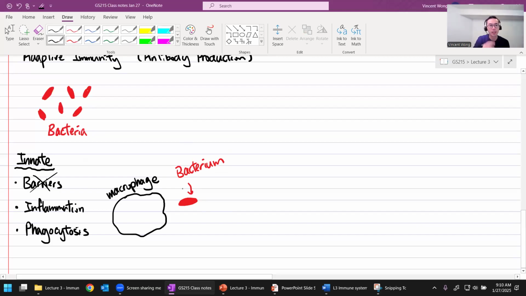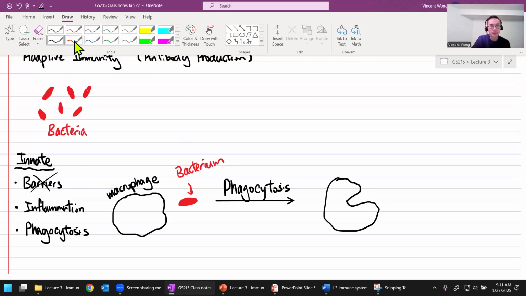And what is it gonna do? It's gonna eat this thing. So that's called phagocytosis. Right? It's literally like Pac-Man. That's correct. Macrophages are activated monocytes. Very good.